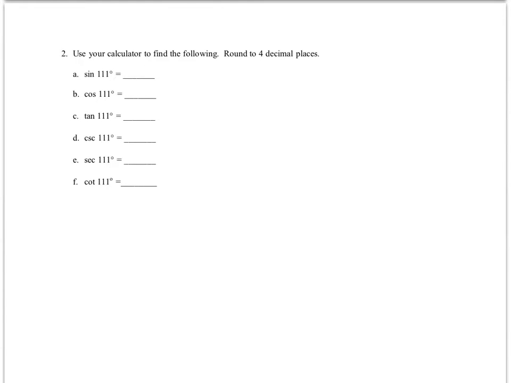Okay, so this number 2, you guys, is exactly the same as number 1, with the exception of the angle is in the second quadrant, or it's above 90 degrees, but less than 180. So here's the angle. Oh, right here. So there it is. Good. So the sine of 111 is 0.9336.